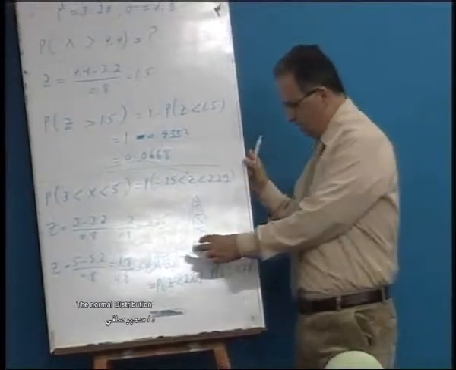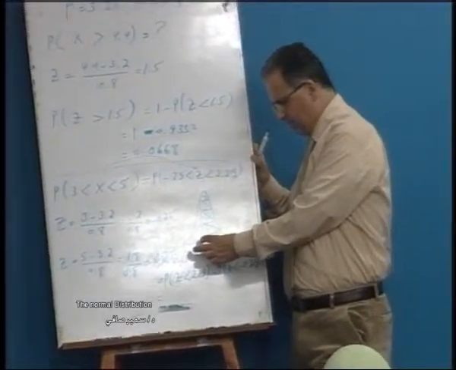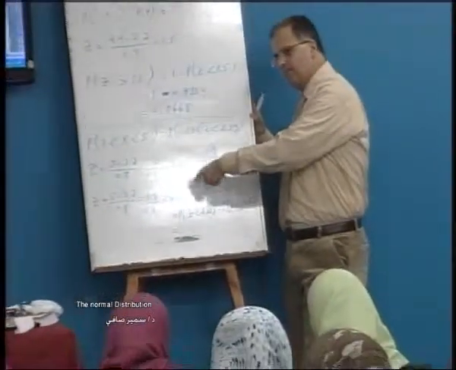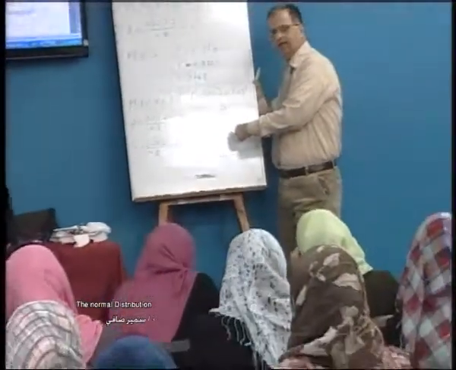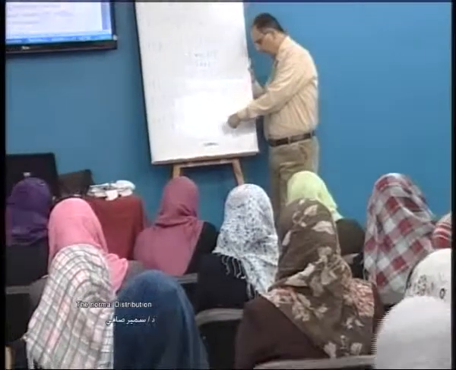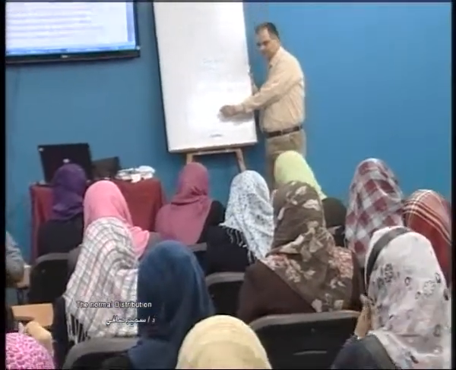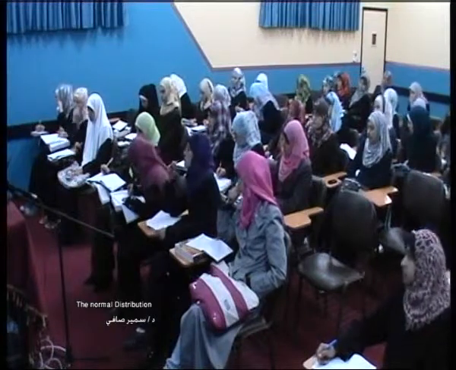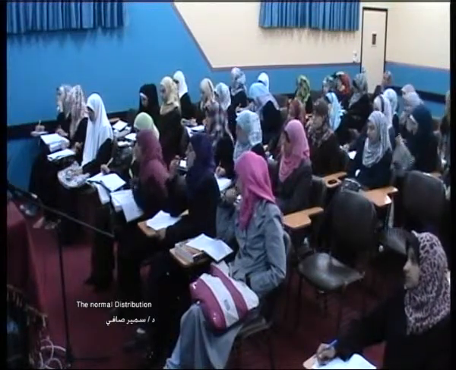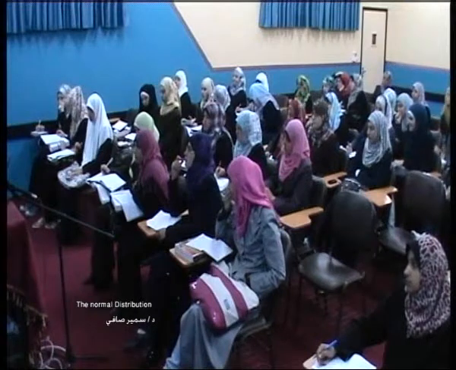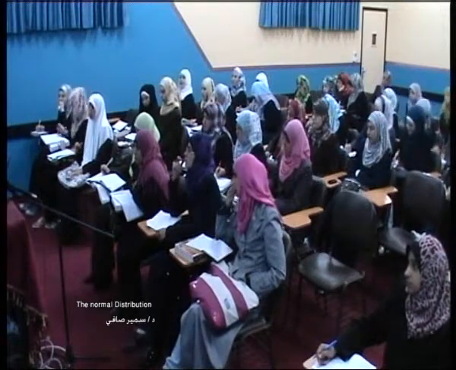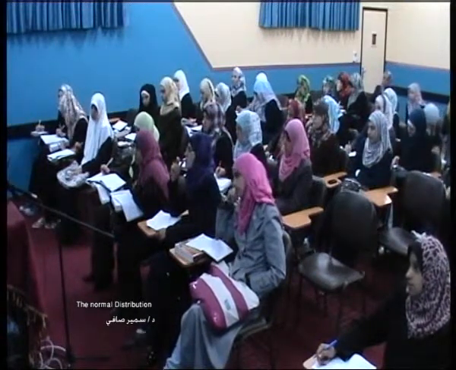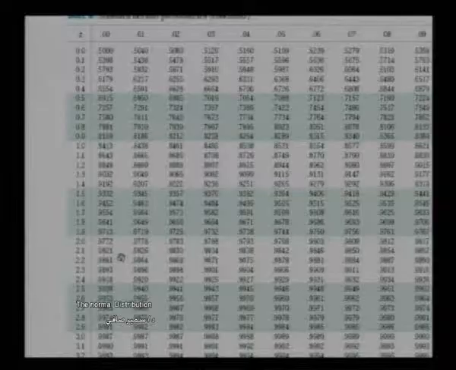Now this dashed area equals the area below 2.25 minus the area below minus 0.25. Now, by using the similar way we did before, you may compute the probability of z less than 2.25 by using the normal table.